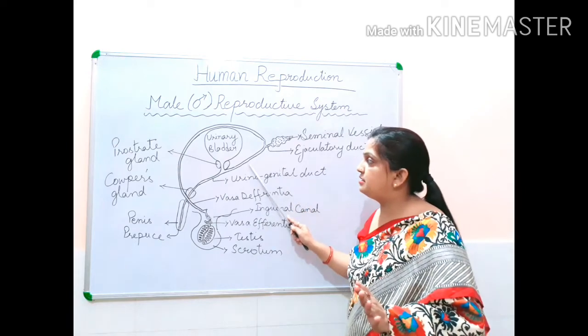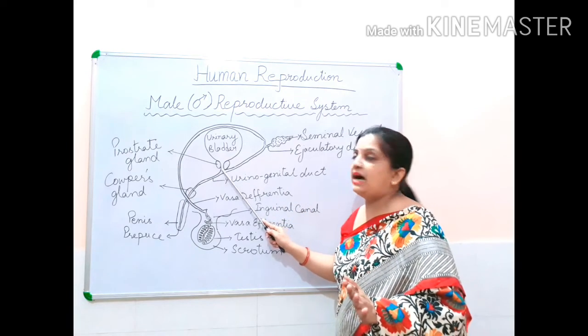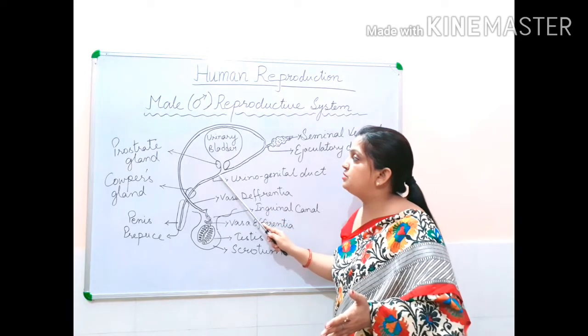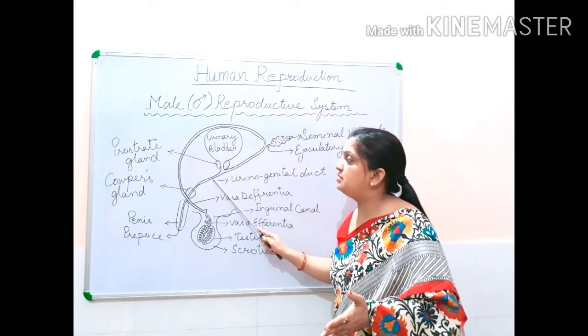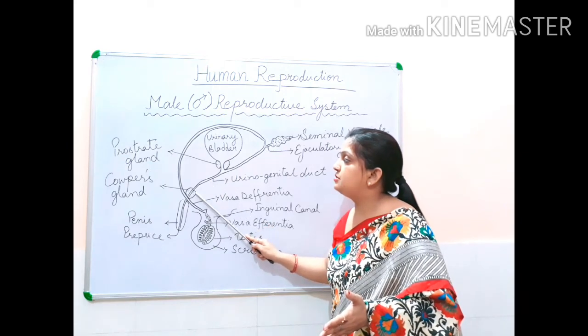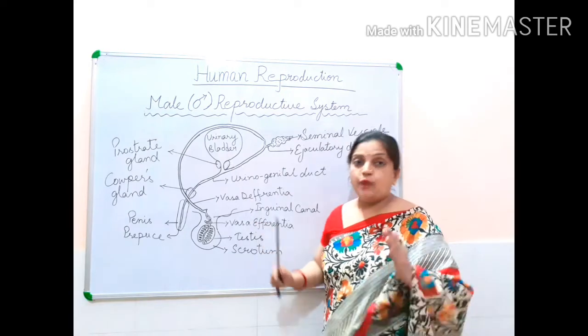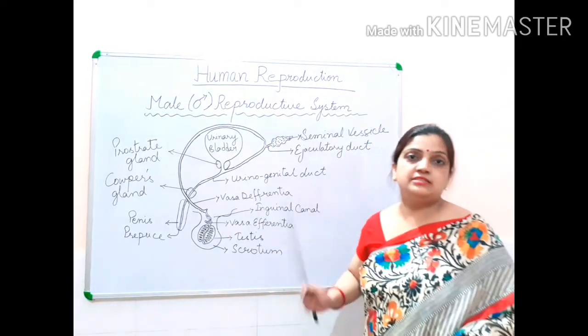Now this duct is moving down, and the urethra from the urinary bladder is opening into this pipe, and from here this pipe is called the urinogenital duct. Why is it called the urinogenital duct?